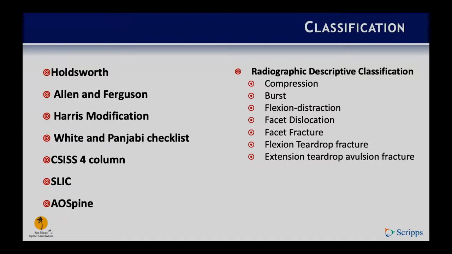A lot of the earlier classification schemes talked about morphology and inferred mechanism of injury, which had some guidance for treatment. However, there was a significant amount of variability and not great inter-observer reliability between these, which is why we had these attempts, as I'll talk about.